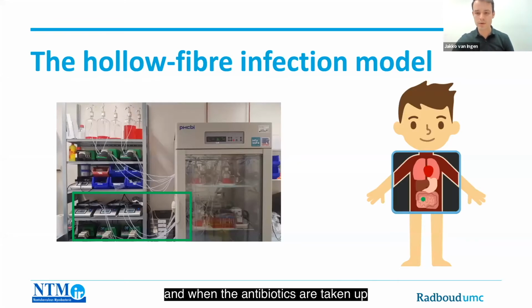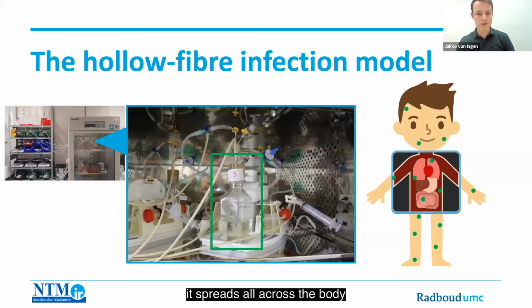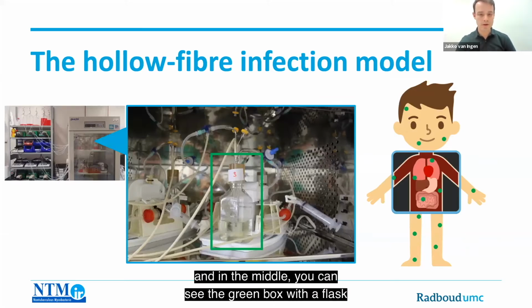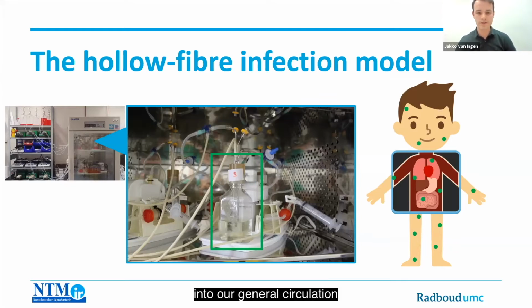When the antibiotics are taken up into the general circulation, it spreads all across the body. In the middle, you can see the green box with a flask. This is actually our general circulation, because the drug syringes pump the antibiotics into our general circulation.